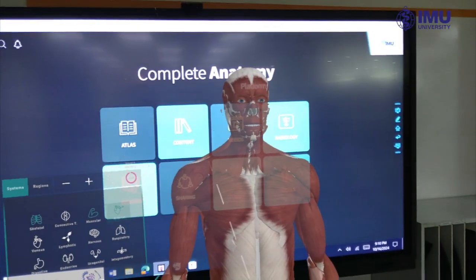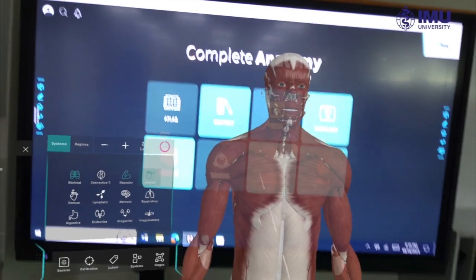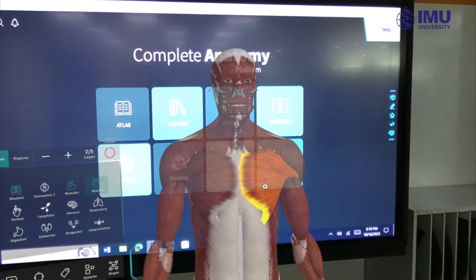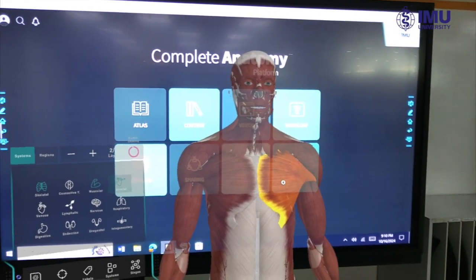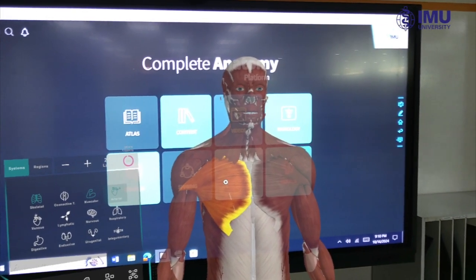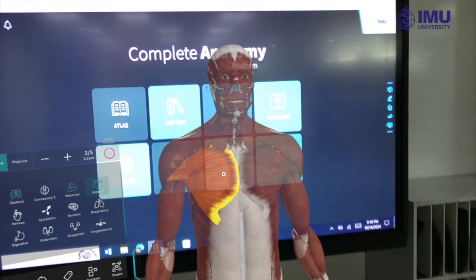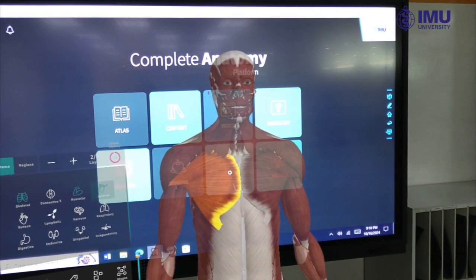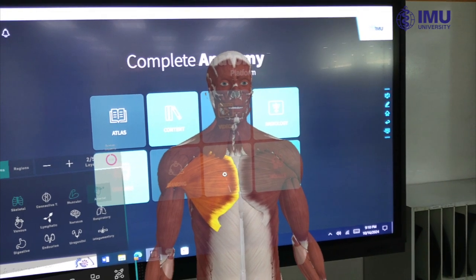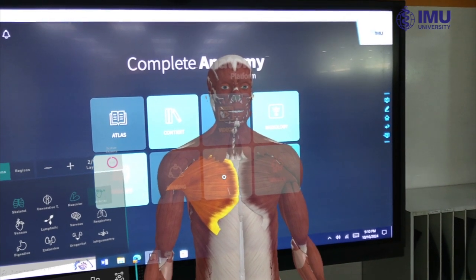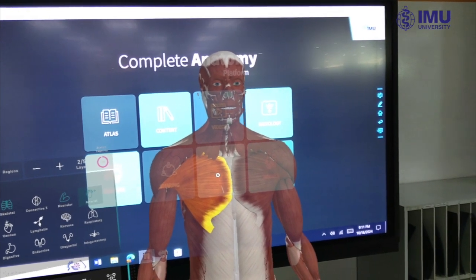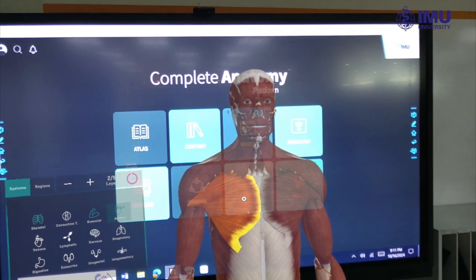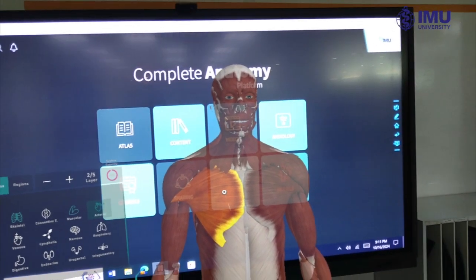Okay, now you can see the left pectoralis major, right pectoralis major. In this image we cannot see the anterior part of the thoracic wall, that is skin, superficial fascia, pectoral fascia. Clavipectoral fascia also we cannot see.